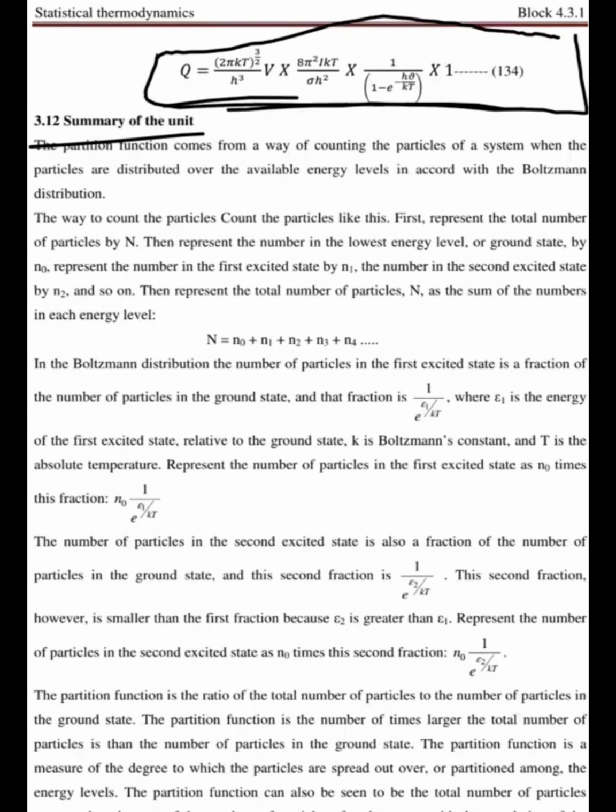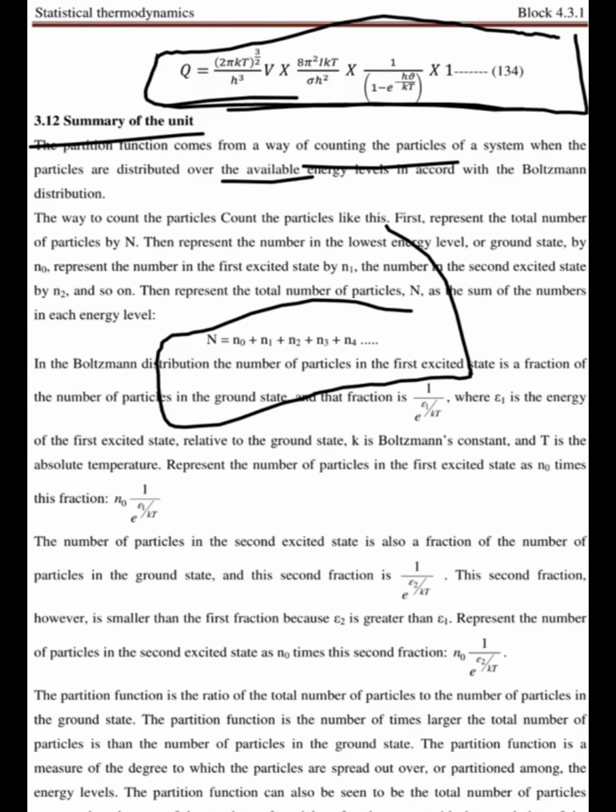So in the summary of this unit, the partition function comes from a way of counting particles in a system. The particles are distributed over the available energy levels. The partition function is nothing but the way of counting the particles in a system. So that is the summary of this unit.